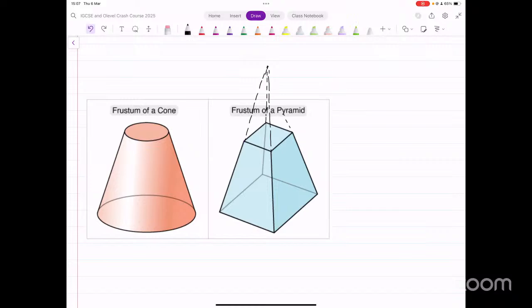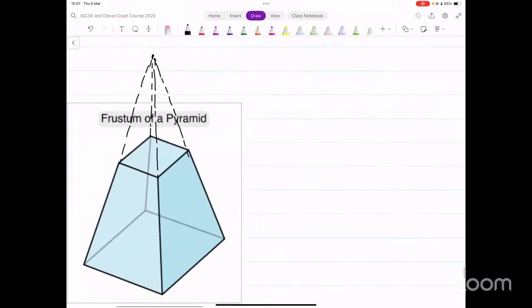So this big figure is a pyramid, right? So this whole figure now, this is a pyramid. How is this frustum made? This frustum is made by taking out this smaller pyramid, the one that I've shaded in yellow, from the big pyramid.